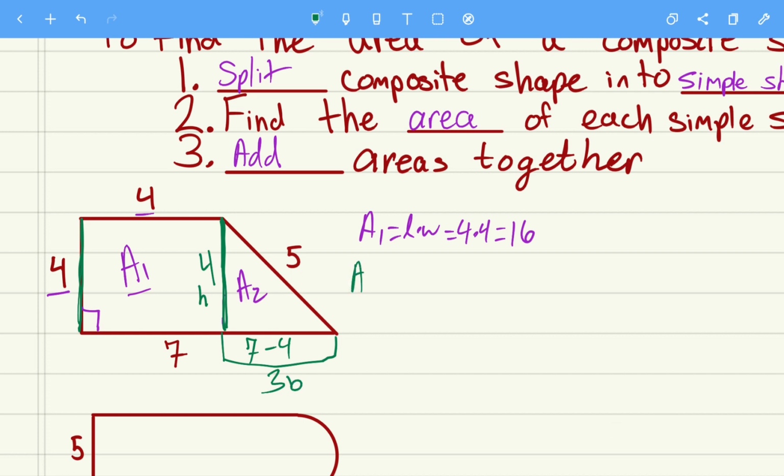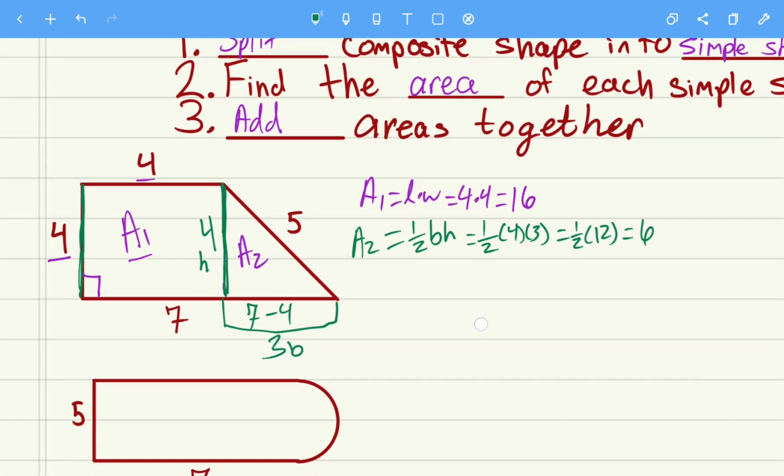So area 2 is 1/2 base times height because it is a triangle, which makes it 1/2 times 4 times 3, which is 1/2 of 12, which is 6.